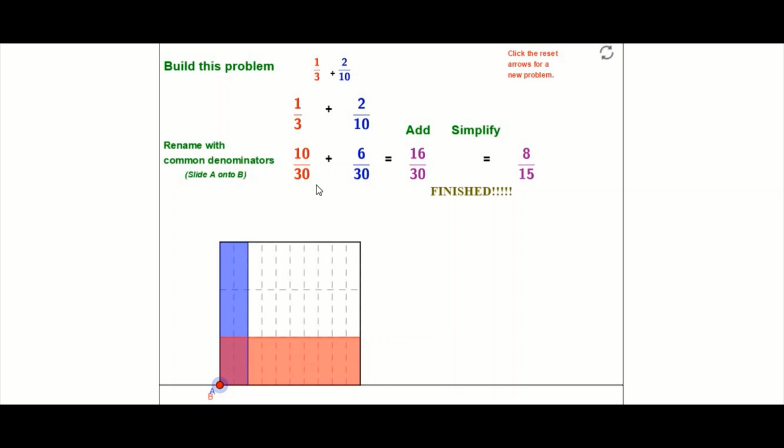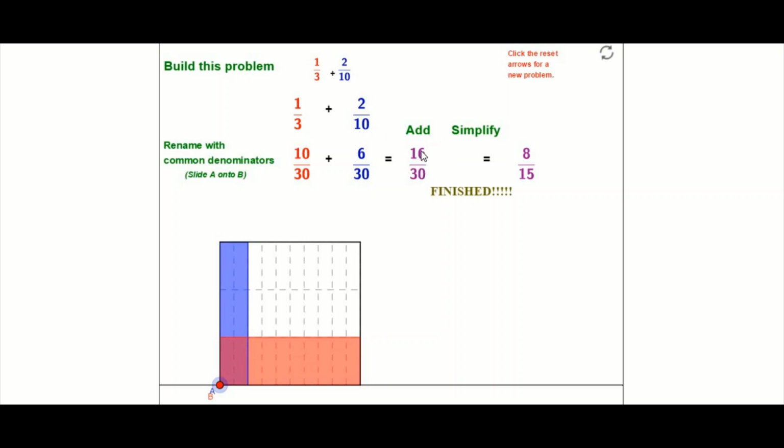Now, because the denominators are the same, you simply keep the denominator of 30 and just combine the numerators. So it's going to be 10 plus 6, which gives you 16 out of 30. So the amount of shaded area that we have is now 16 parts out of 30. So that's our answer.